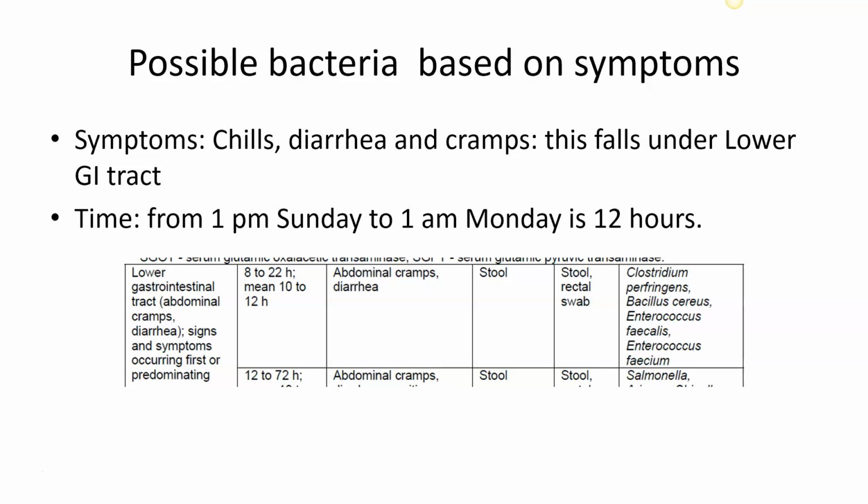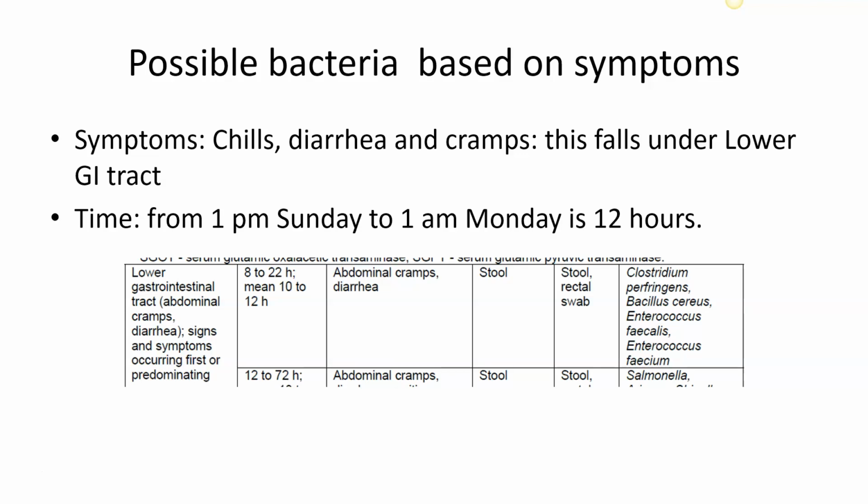The symptoms were chills, diarrhea, and cramps, and that falls under lower GI tract. Our time frame was 12 hours. So we look at the table and see what it says under lower GI tract. Abdominal cramps and diarrhea are the signs and symptoms occurring first or predominating. The first one in there says we're looking at 8 to 22 hours.